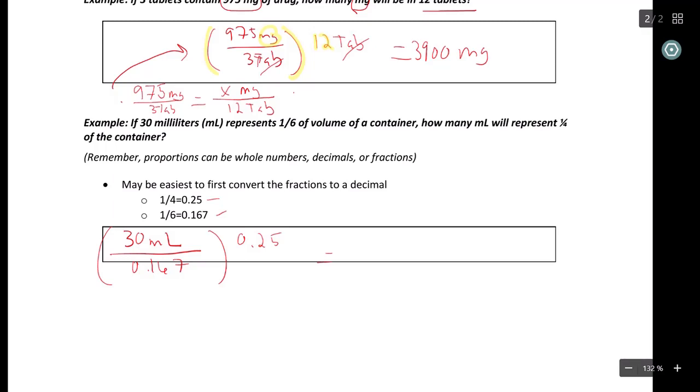And I'm putting the mLs on top because that's what I'm looking for in my answer, how many mLs. And when I do this out, I'm going to get about 44.9 or so. This is approximately about 45 mLs is what I'm going to be left with when I do my answer.